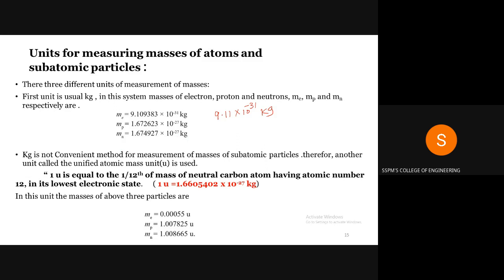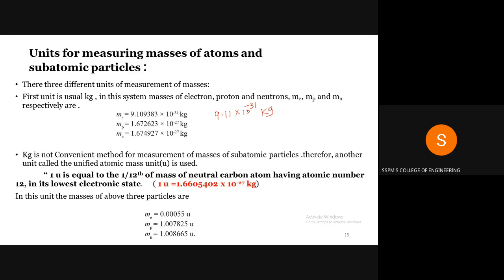Kg is not a convenient unit for measurement of masses of subatomic particles. Therefore, another unit called the unified atomic mass unit is used.